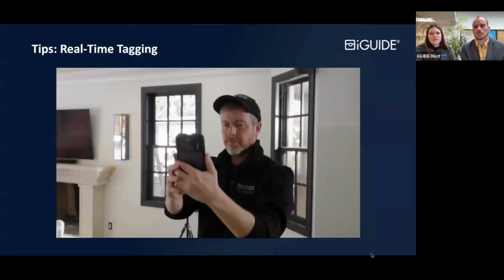Perfect. Yeah, so I'll just add before we jump into tagging in a second, I'll just add for the download. Every time you submit an iGUIDE, you are going to get an email when the actual tour and floor plan are done, and then you will get an email when the ESX file is available. With the instant, that all happens simultaneously.